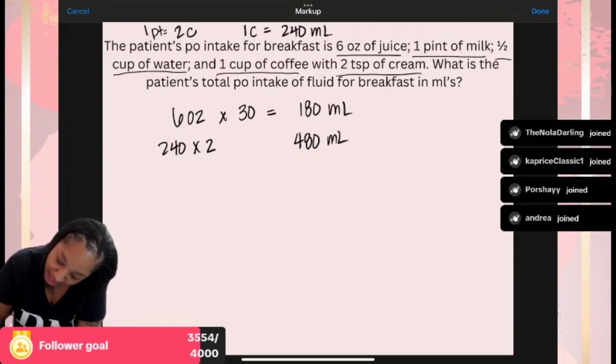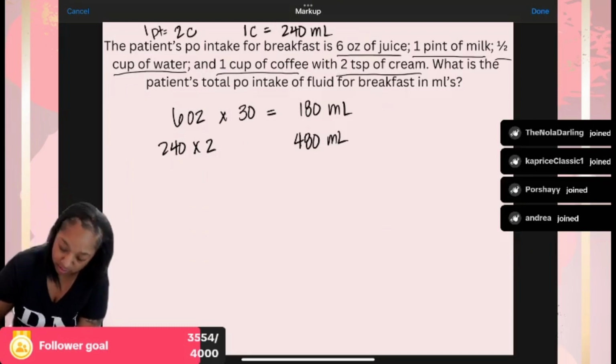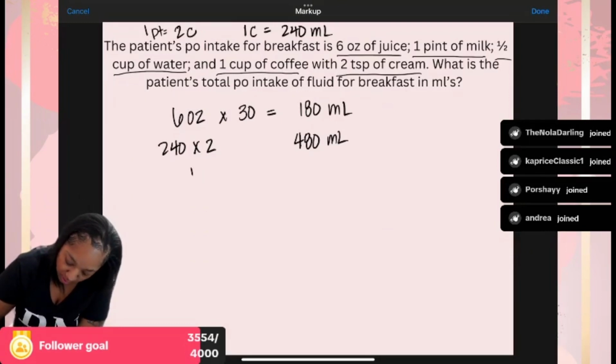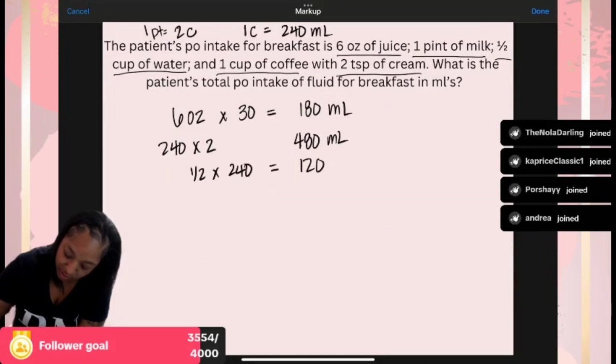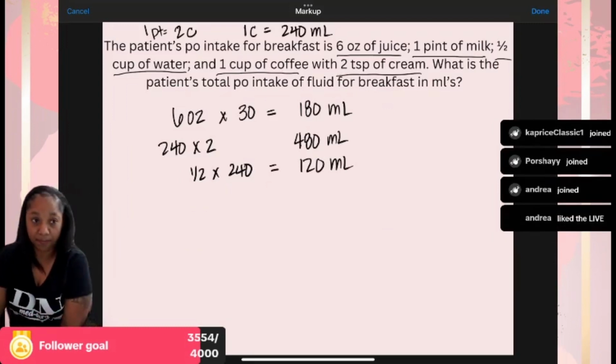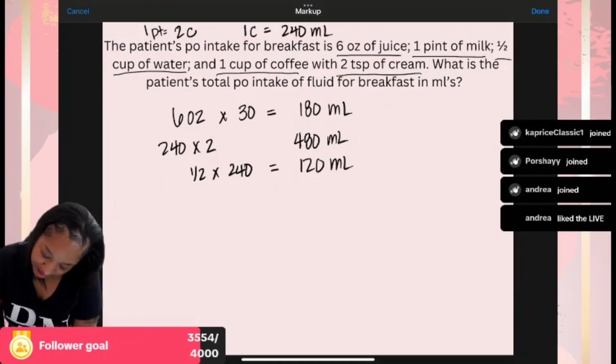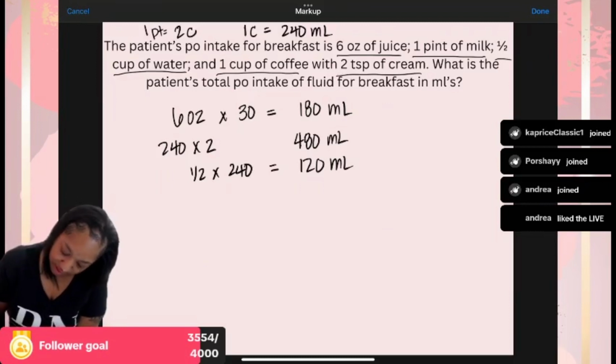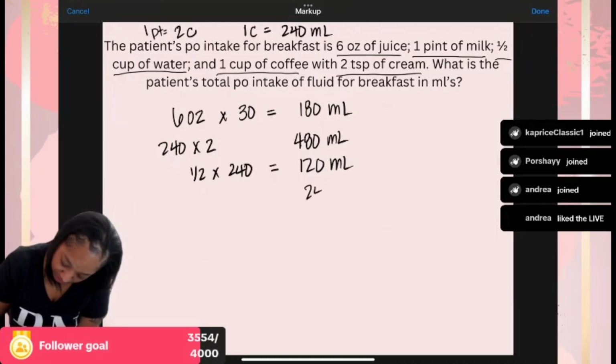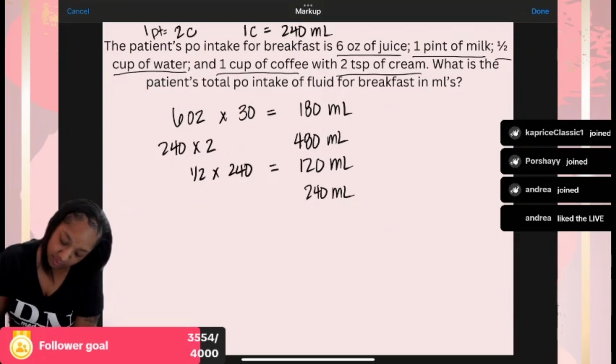Then they had half a cup of water. 1 cup equals 240, so 1/2 of 240 is going to be 120. Then we need a cup of coffee, so that's going to be 240 for your coffee. That's just 1 cup. And then 2 teaspoons of cream.